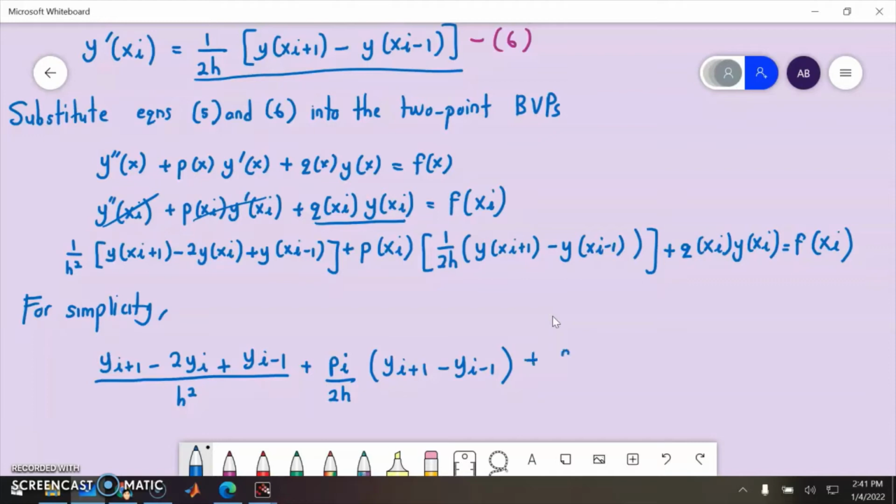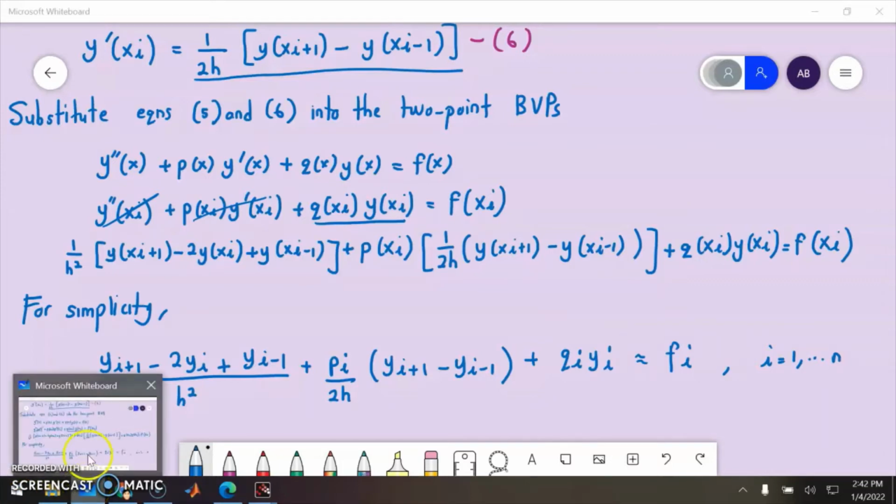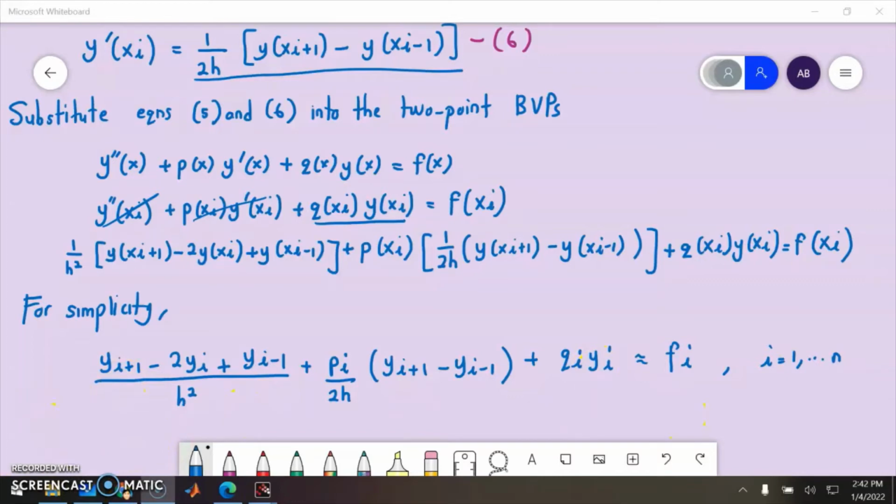And then plus q_i y_i equals f_i, where i is from 1 to n.